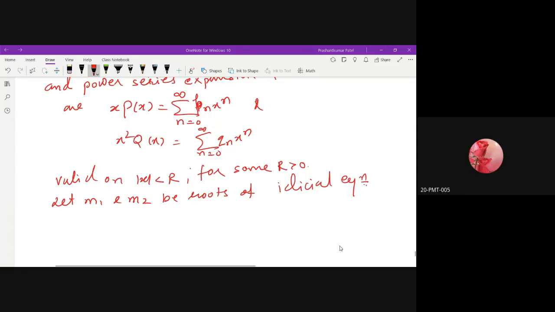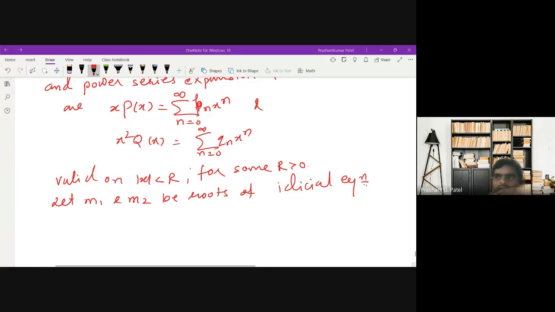So the indicial equation that we derived earlier is the coefficient of the lowest degree term equal to 0, which is m into m minus 1 plus m p0 plus q0 equal to 0.